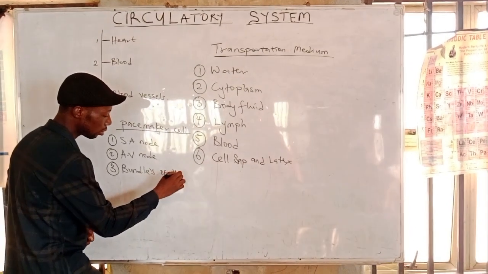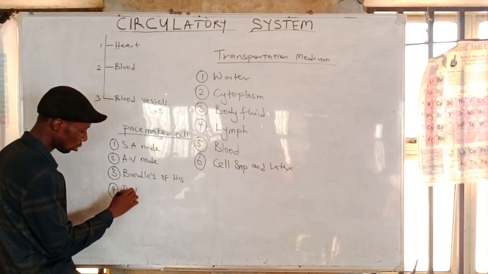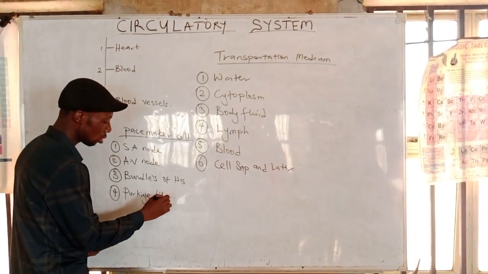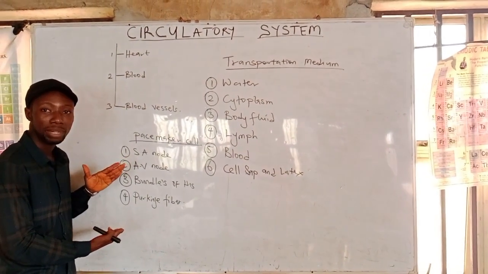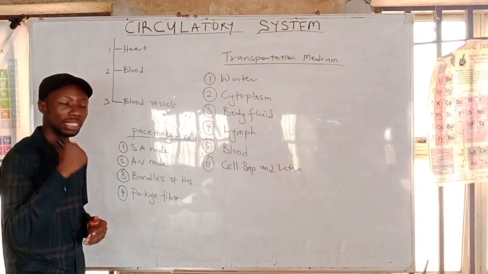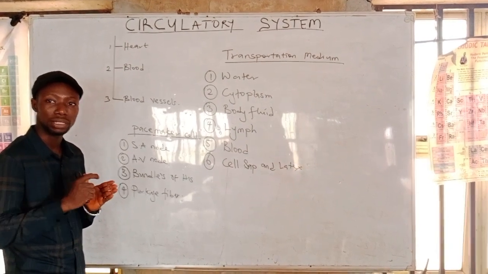Then the bundle of His, and the Purkinje fibers. These are the four pacemaker cells we have. The SA node is the chief pacemaker cells. That's the one that generates the impulse which makes the heart beat.